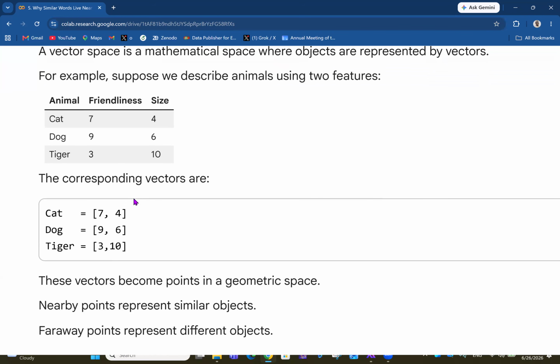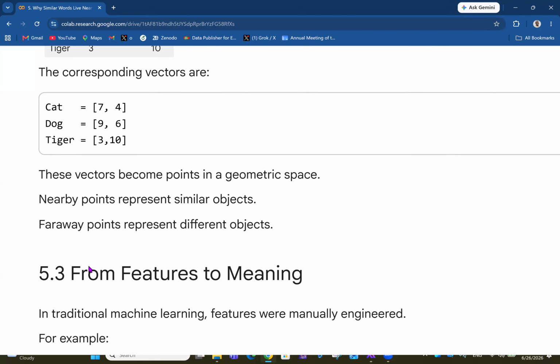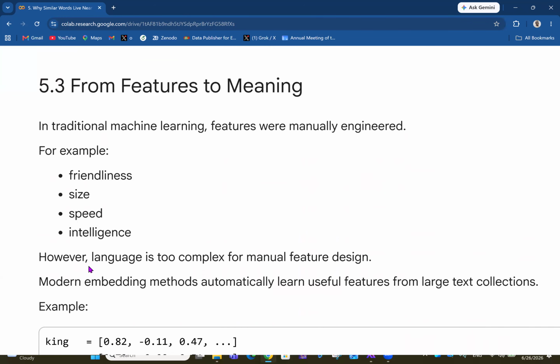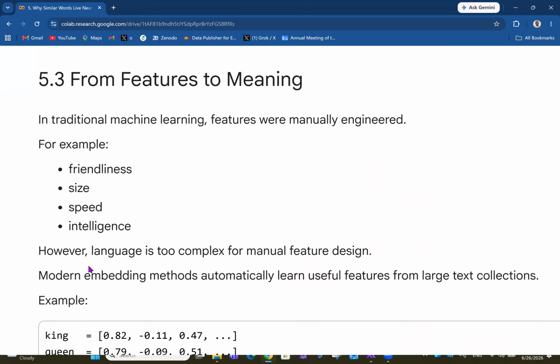You can see cat and dog are closer together if you look at the distance between them, even at first sight. The faraway points represent different objects. So this whole thing tells you that cat and dog are closer together than cat and dog are to tiger.